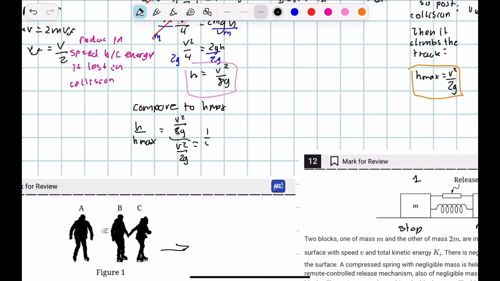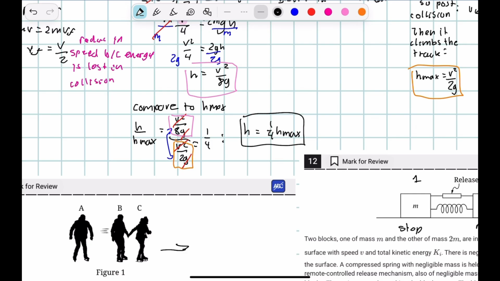This is going to equal 1 over 4, because you flip the reciprocal to the numerator, and then you have 1 over 4 h max. So the height is 1 over 4. Then h is going to equal 1 over 4 h max, right? This was here, that was there, and that is your h.